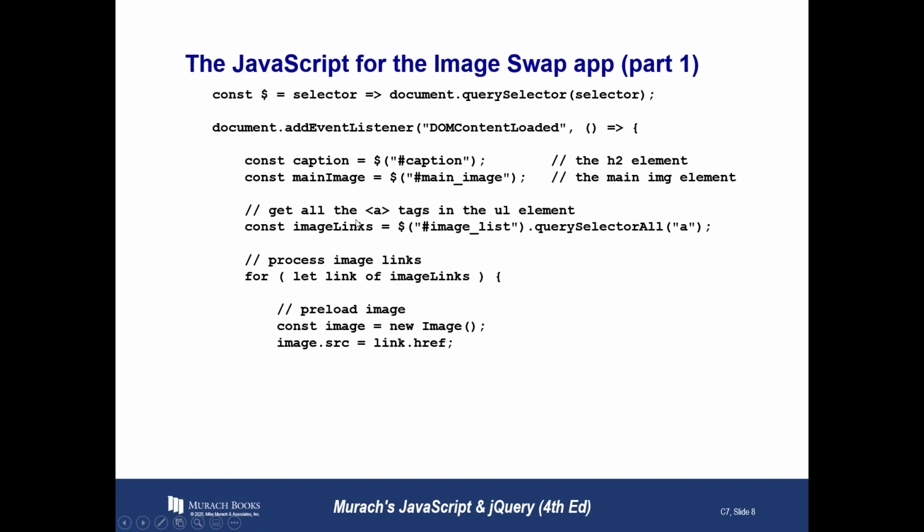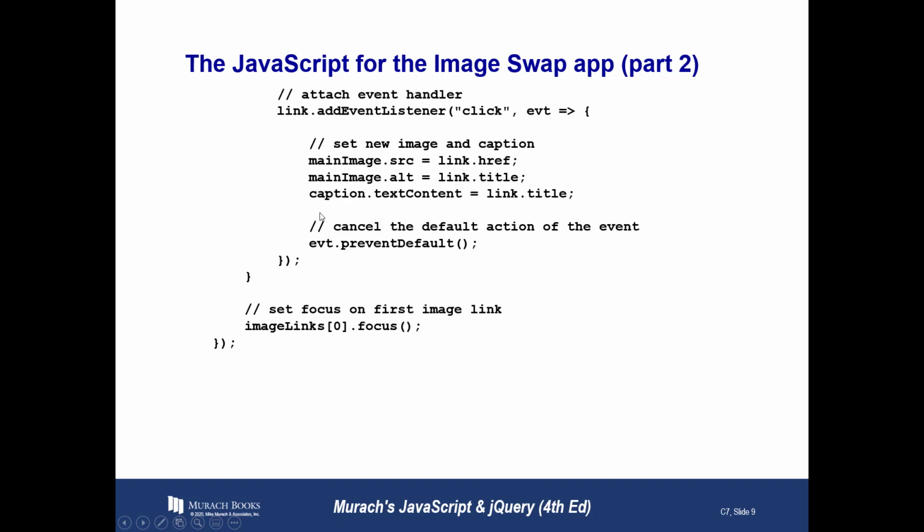And here's the JavaScript part 1. So again, here's our alias. We're saying when the DOM has been loaded, what do we got here? Well, we're setting everything up in here. We're preloading in the images.